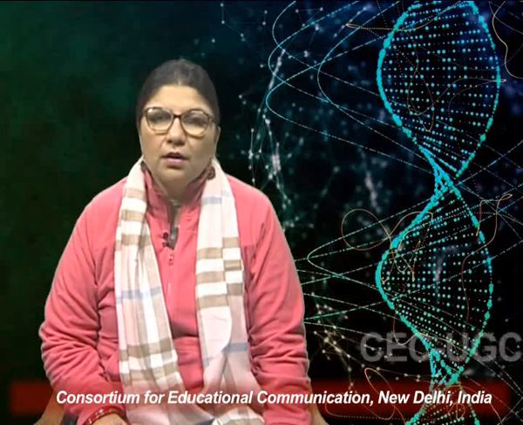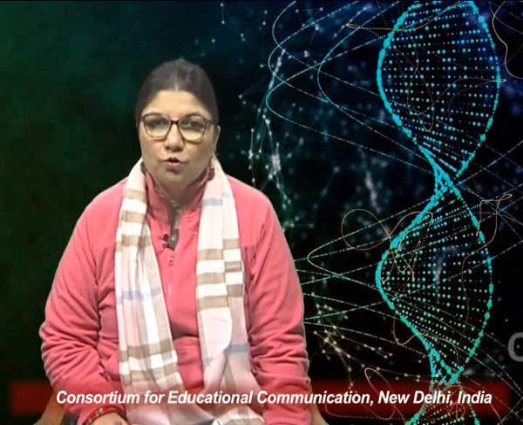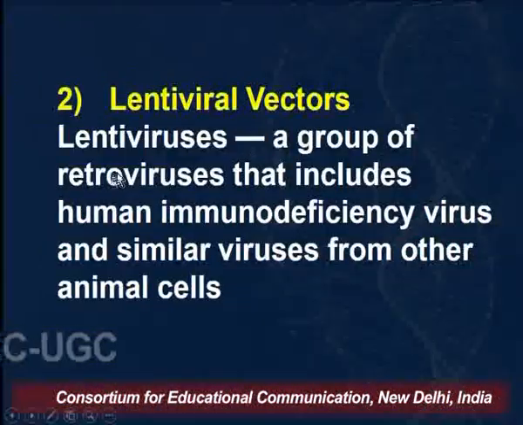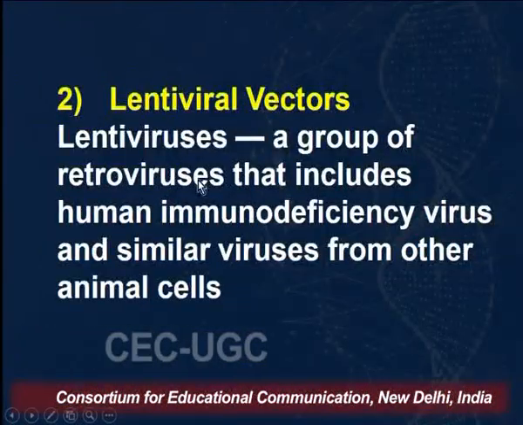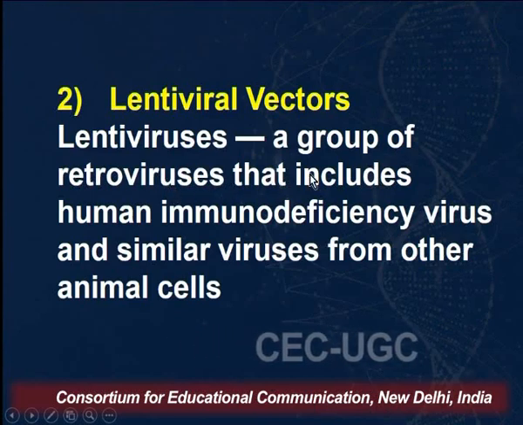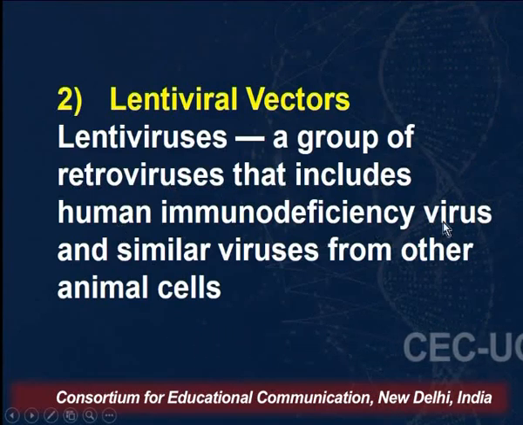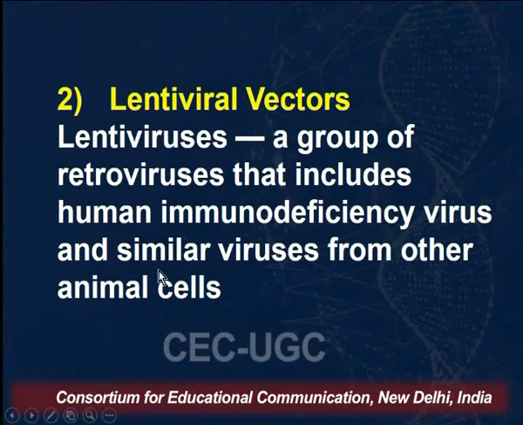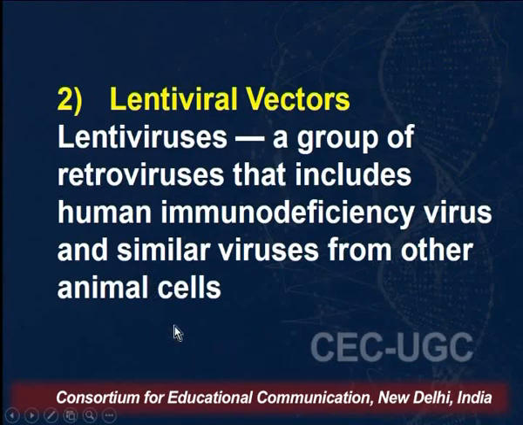So some other viruses that are used are the lentiviral vectors. These lentiviruses are again a group of retroviruses that includes human immunodeficiency virus, HIV, the virus that causes AIDS, and similar viruses from other animals.